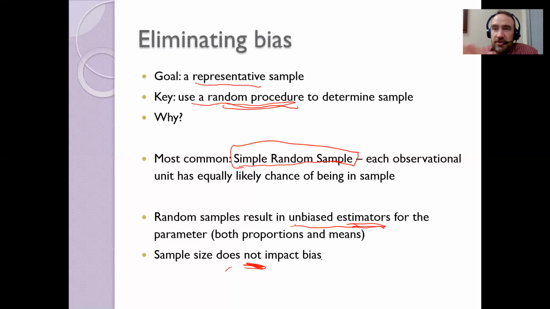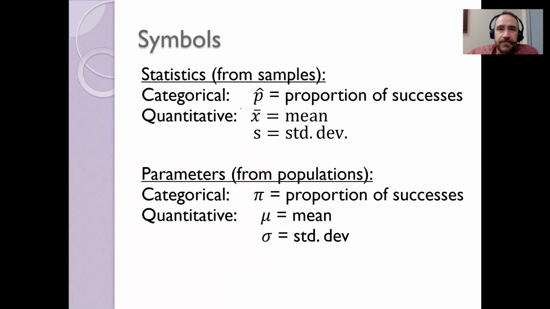If you get to the point where you've done a census and you've talked with or gotten data from every single individual, then that's big enough to reduce bias. But otherwise, the size of the sample does not impact bias. It's all about the technique used to choose that sample, and we always want something random involved in that technique.